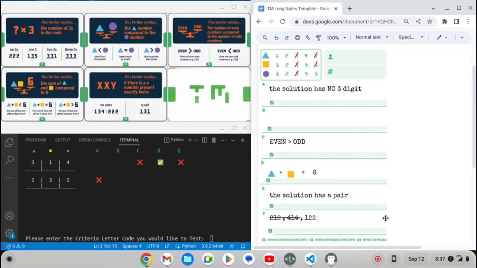It could even be 1, 4, 4. And again, I think those are ambiguous. Triangle is less in both of them. 1, 2, 2 and 1, 4, 4: the sum is less than 6, there's no 3. Okay, I think we can cross those out as well. They sure do seem ambiguous.